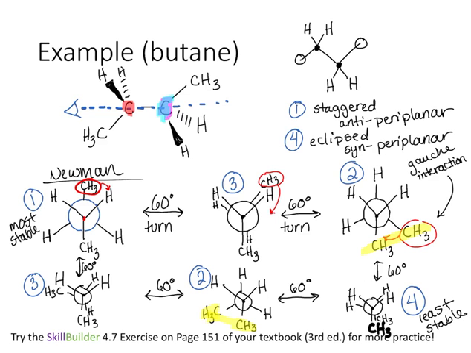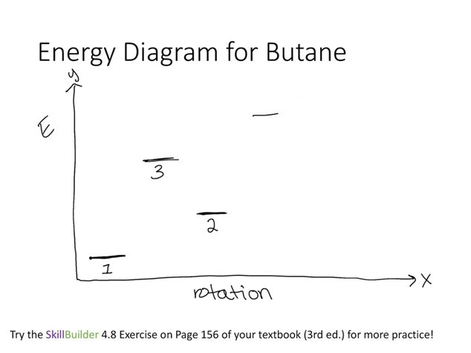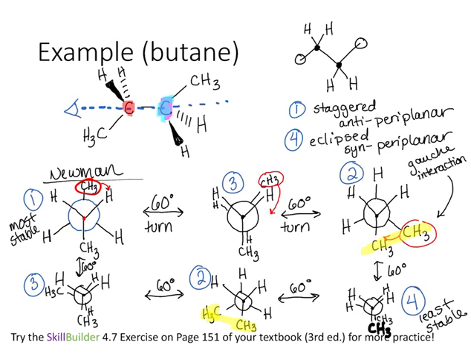And then the next structure we said was the least stable structure. Okay, so that was labeled number 4. So that's going to have the highest energy because it's the least stable structure. So we'll put that way up above. All right, and then we rotated this again and we ended up with our second most stable structure again.